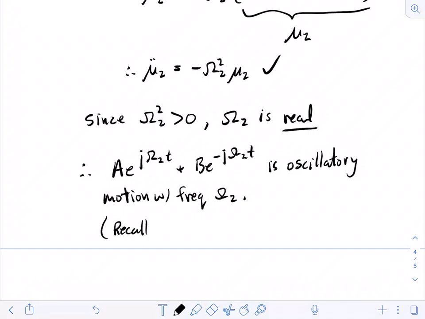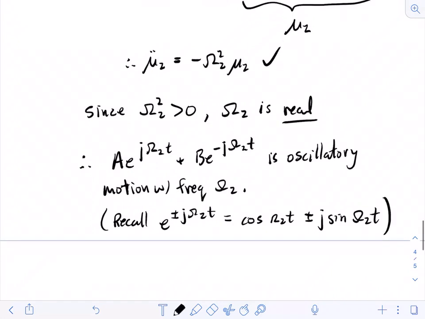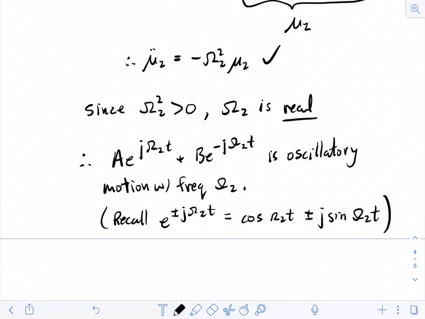Just as a reminder, these complex exponentials we could write as trig functions, and those trig functions clearly represent oscillatory motion. What that means is that our rigid body will be predominantly rotating about the E1 hat axis, but there will be some oscillations along the E2 and E3 directions.